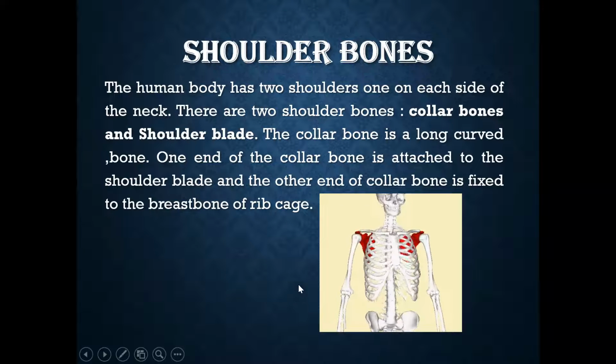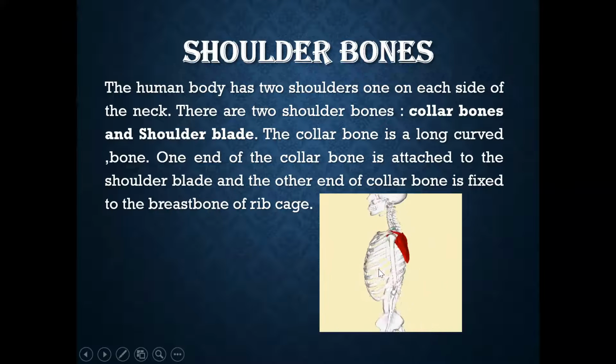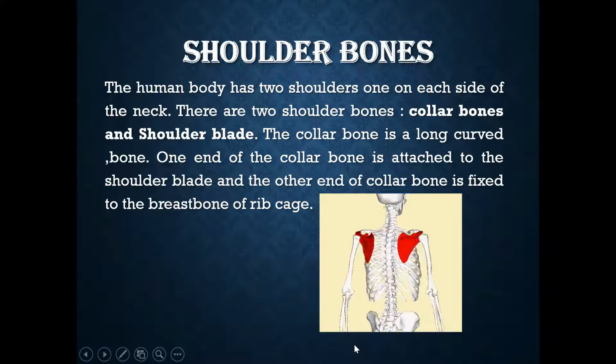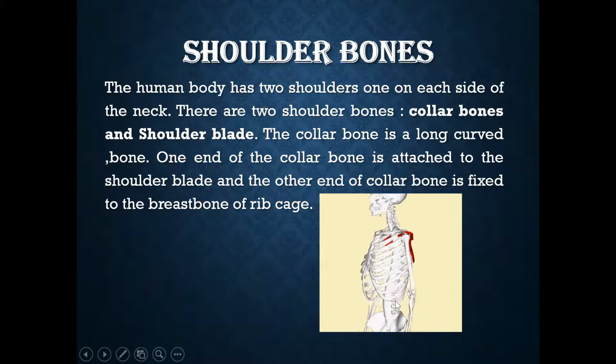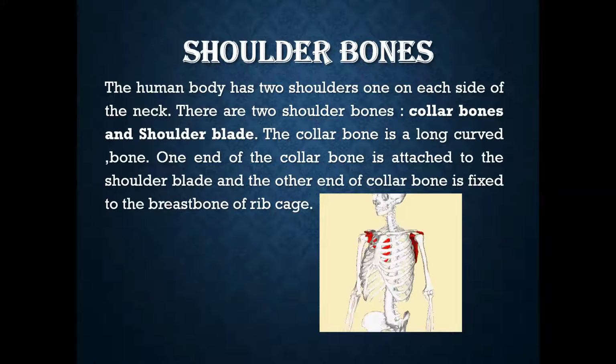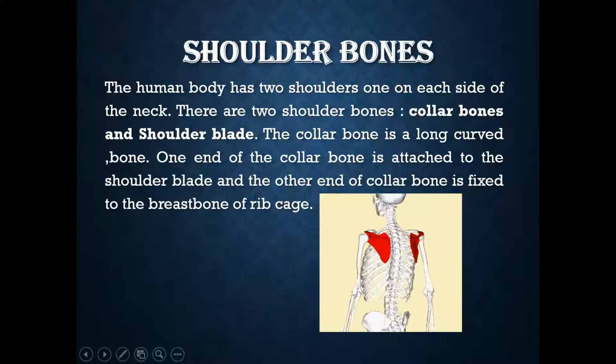The upper arm has one long bone called humerus, while the lower arm has two small bones called radius and ulna. The wrist and fingers have several small bones.